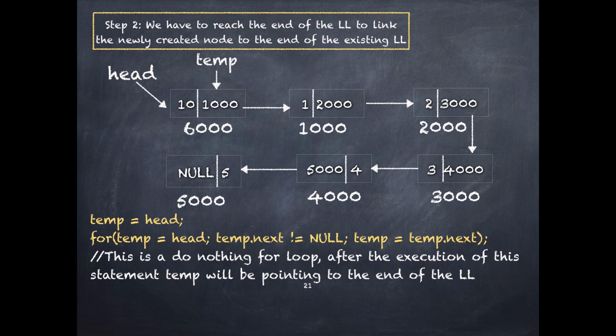Now what is step 2? We have to reach the end of the linked list, right? We have only a head pointer, but how will you reach the node which contains 5, so that after 5 you can link the newly created node called 20? I have no pointer which points to the last node now. So what do you have to do?